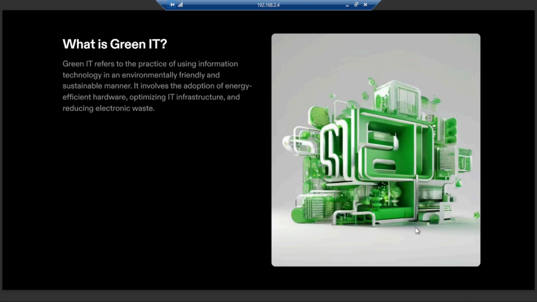So, with the help of Green IT, we can adopt energy efficient hardware, whether it is a laptop, desktop, or any other network component, and also we can optimize IT infrastructure and reduce electronic waste. So this is Green IT. The whole goal of Green IT is to use information technology in an environmentally friendly and sustainable manner.